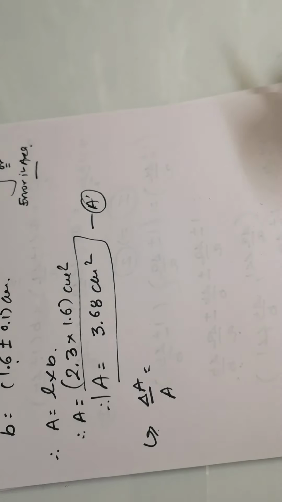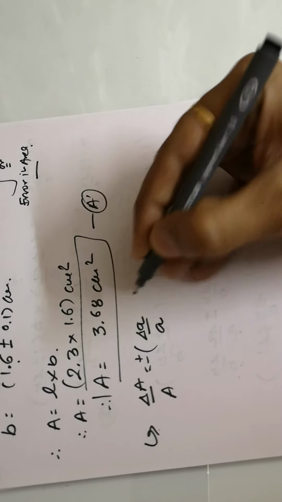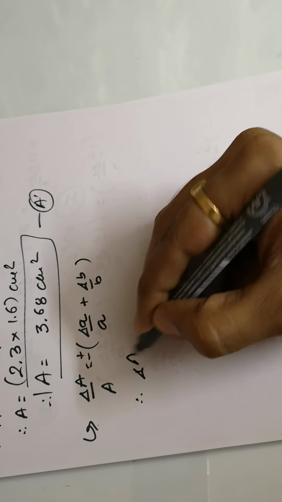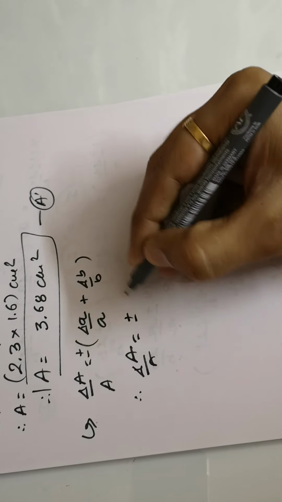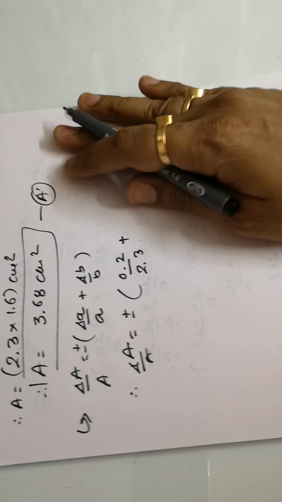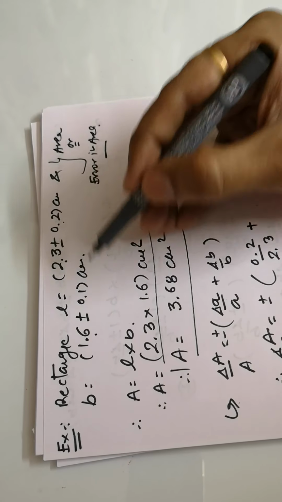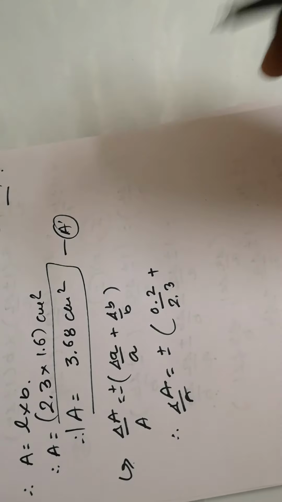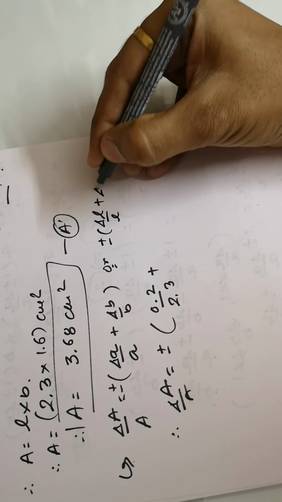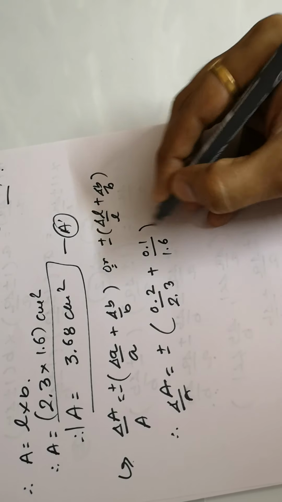So I may have plus or minus delta A by A plus delta B by B. So delta A by A is equal to plus or minus, delta A is 0.2 divided by 2.3 plus, because this is delta L by L and this is delta B by B, which is 0.1 divided by 1.6.